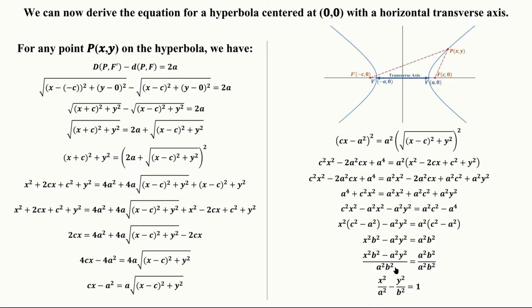All right, so extremely similar to the equation for the ellipse, except instead of a plus, as was the case with the ellipse, we have a what? Minus here.